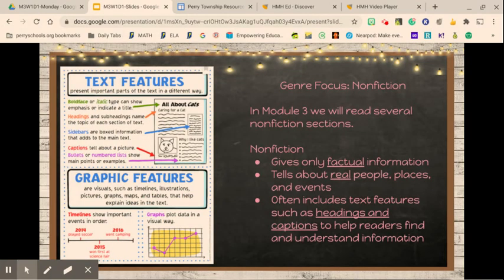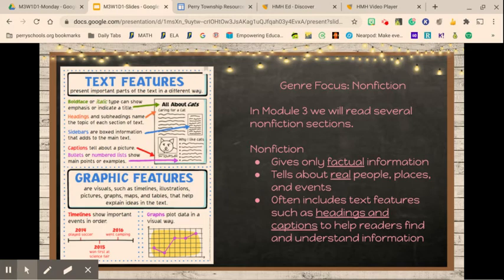All right, so this week we are going to be focusing on nonfiction, and we will be reading several nonfiction selections. Nonfiction gives only factual information, so facts. It tells about real people, places, and events, and it often includes text features such as headings and captions to help the reader understand the information.